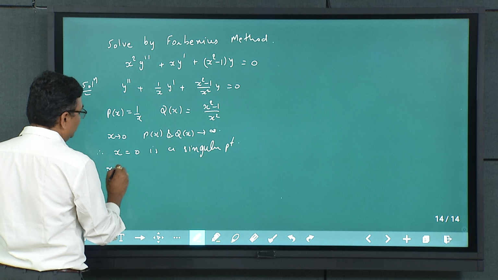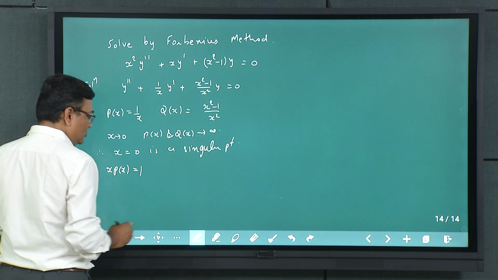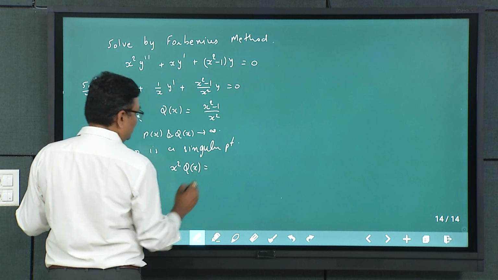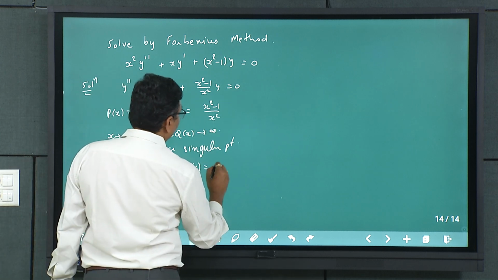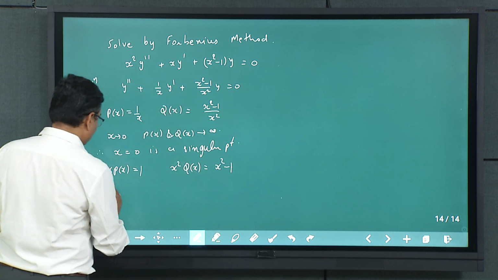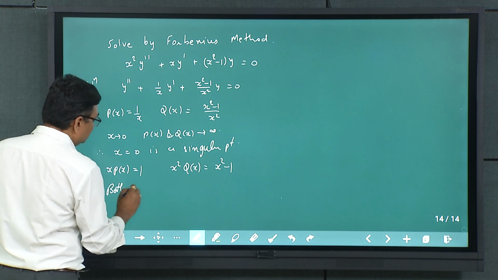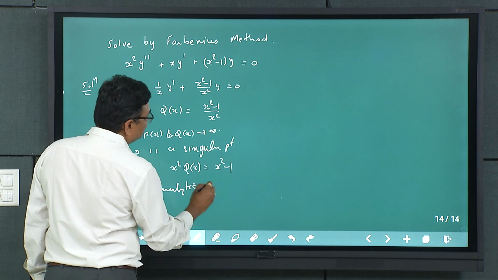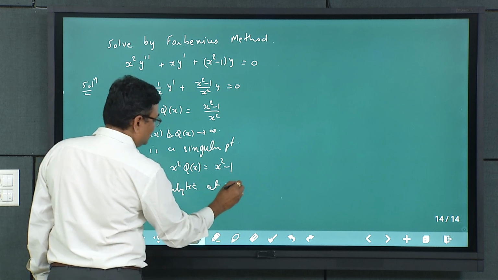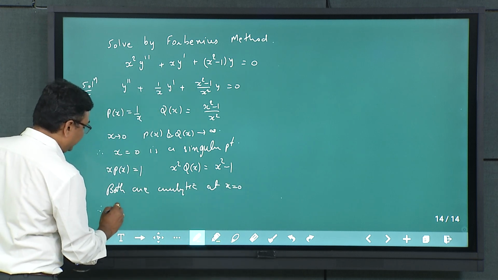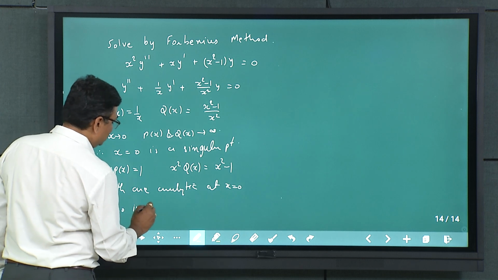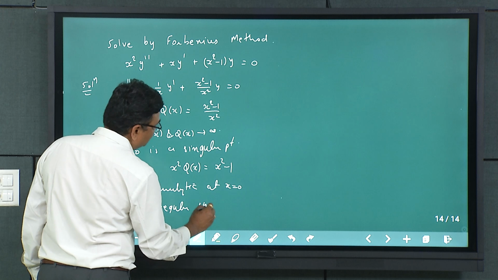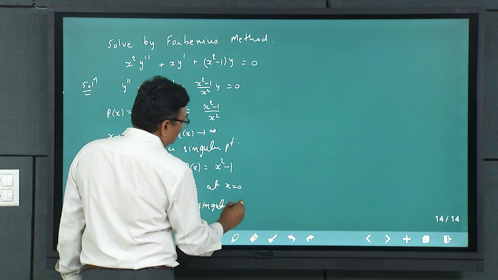Now x into px is equal to 1, and x² into qx gives x² minus 1. So both are analytic at x is equal to 0, and therefore x is equal to 0 is a regular singular point.